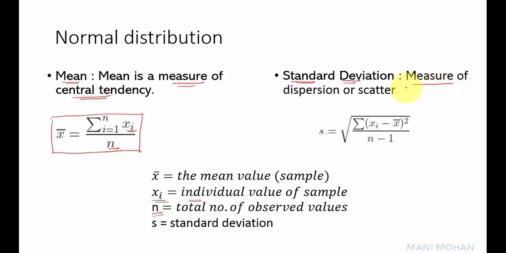It is a measure of dispersion or scatter of the values about the mean. It is calculated by the expression s equals the square root of the summation of the square of the difference between the individual value of the sample and the mean value of the sample, divided by n minus 1. n is the total number of observed values.